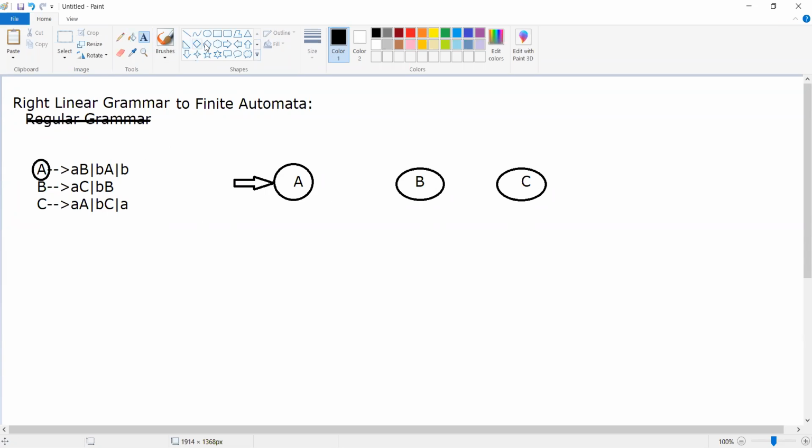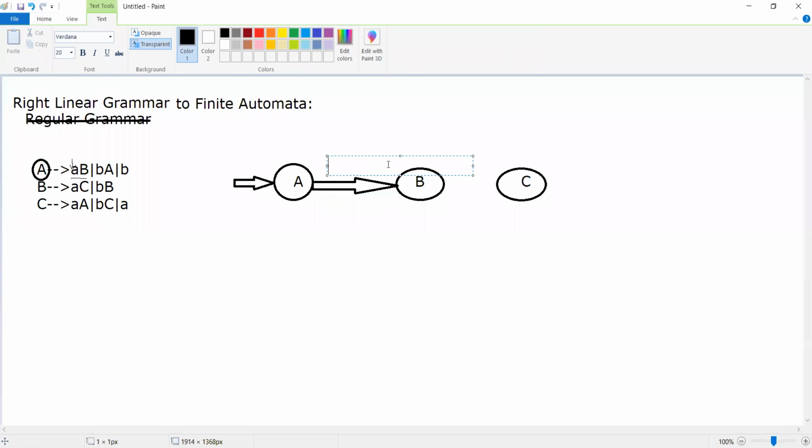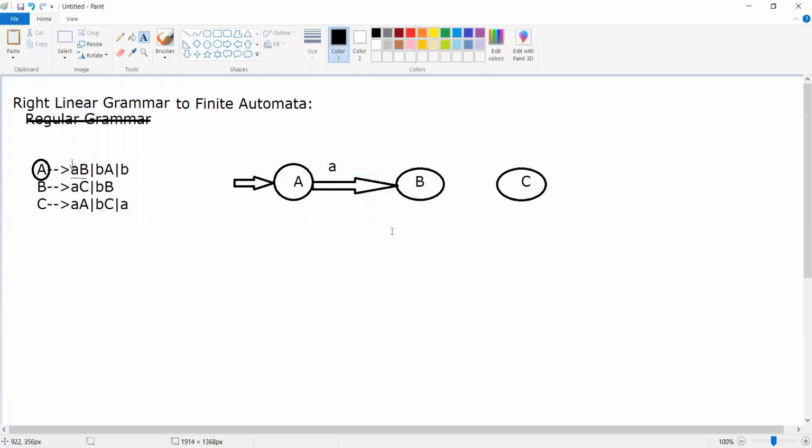Then, if you observe thoroughly, we have the production A derives small a capital B. From this we can say that once we are present in state A, by reading the input symbol small a, we will have a transition to state B. So from capital A, there will be a transition to capital B by reading the input symbol small a.